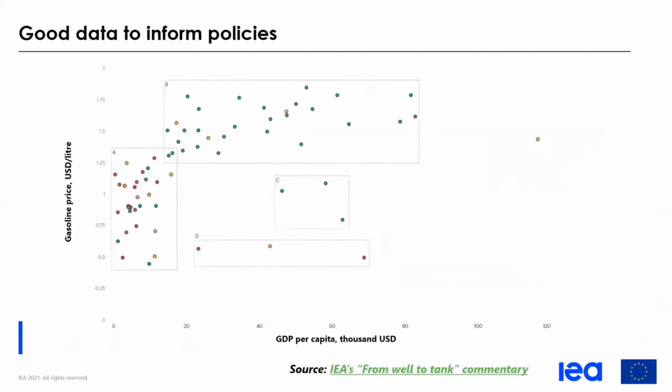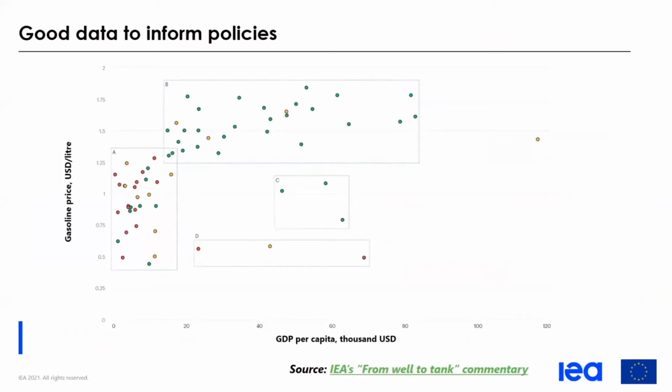This dataset enables also further analysis such as the one shown with this graph. This graph illustrates gasoline price levels across countries based on GDP per capita, and it is taken from the IEA commentary on gasoline prices across the world. In this graph, we see that price levels are, in most countries, linked to the economic conjuncture of the country itself.